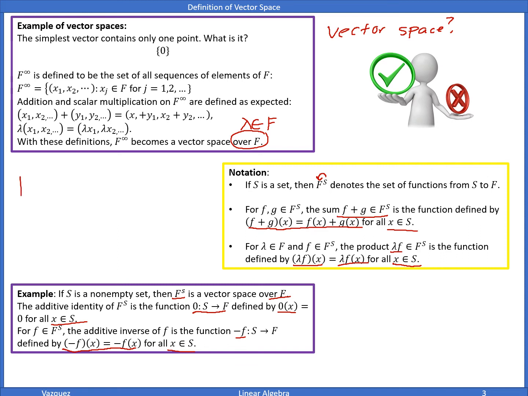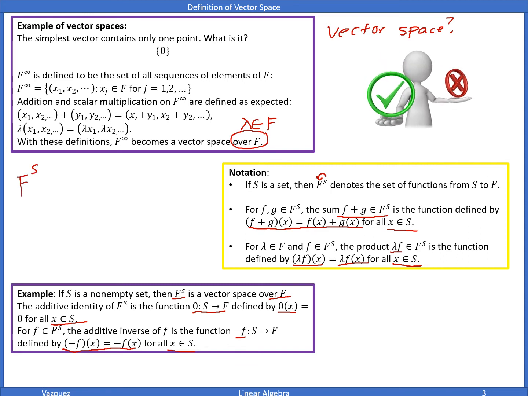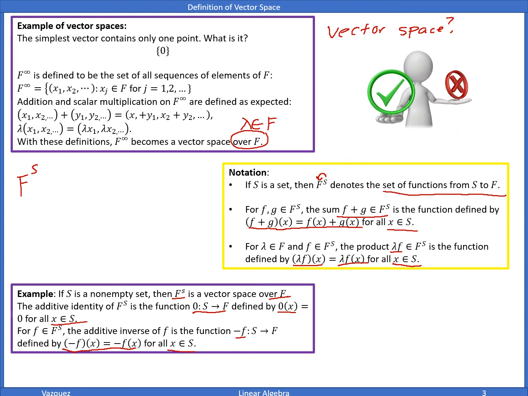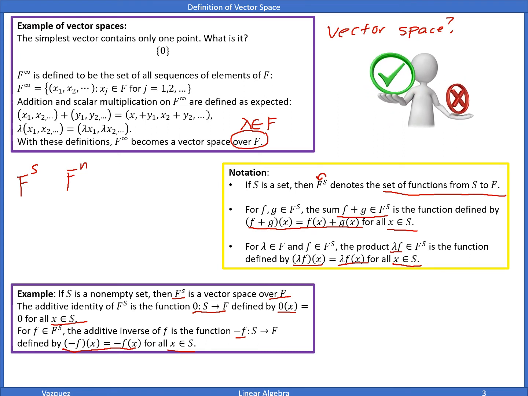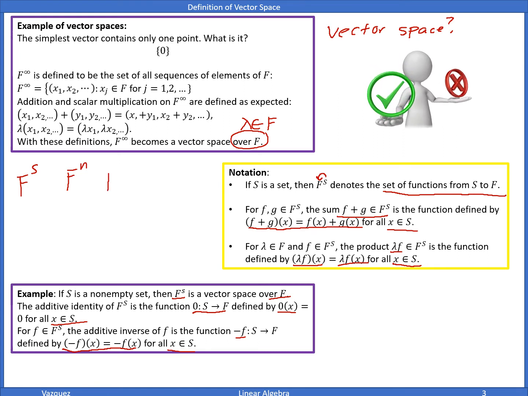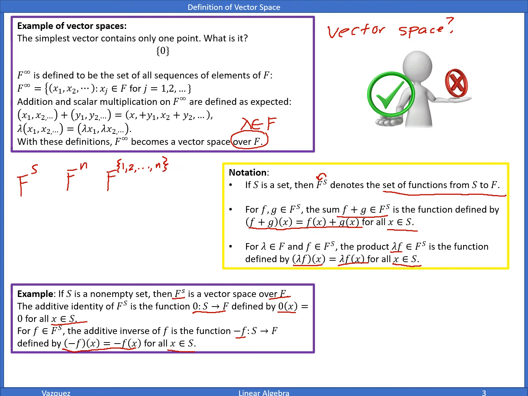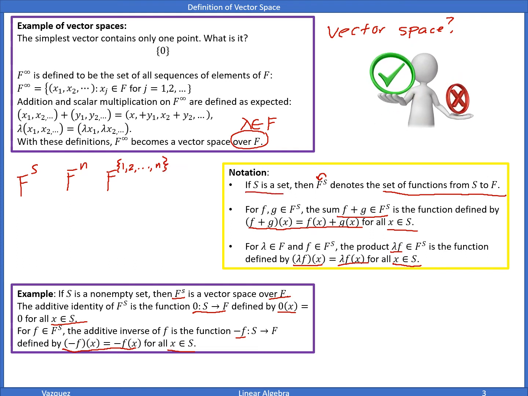Something I want to mention about F^S is that it's a set of functions from S to F. Can you think of examples of F^S that we've seen before? An example can be F^n, which we saw in the last lecture. That is basically functions from 1, 2, and so on all the way to n, because S is a set.